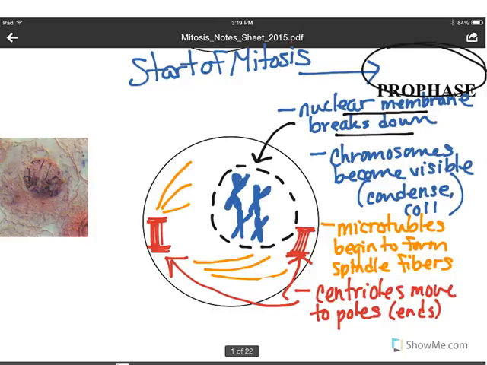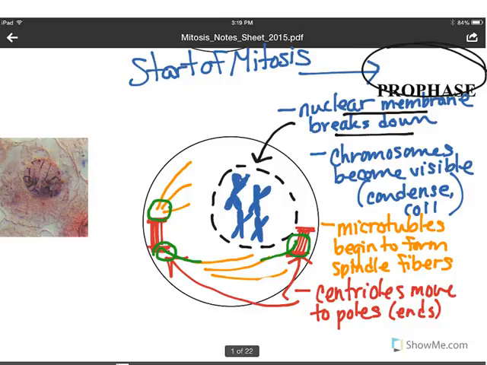And our microtubules are going to be attached or anchored to the centrioles. You're going to see these microtubules here, they're going to anchor themselves to the ends of these centrioles here.